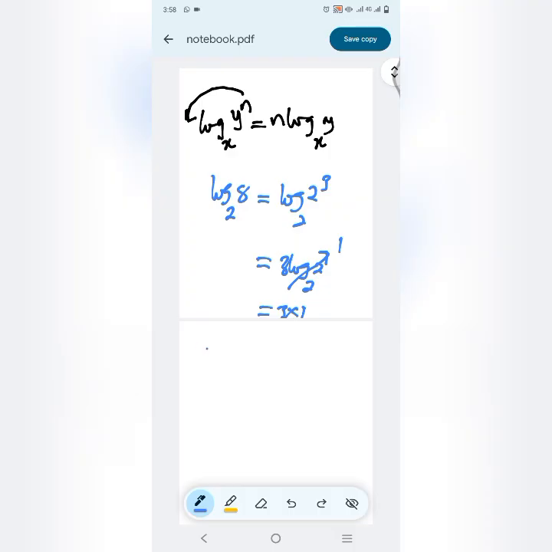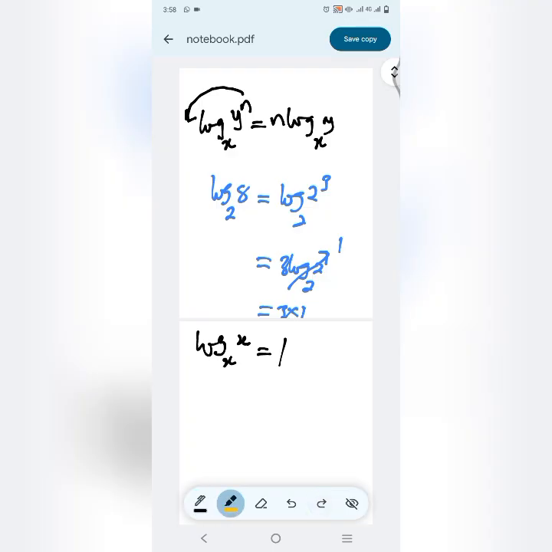Let's go to the next law. The next law says that a log to the same base is equal to 1. That is, log x to base x is equal to 1. Let's prove it.